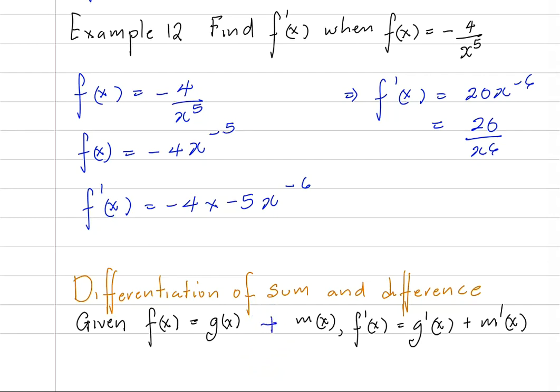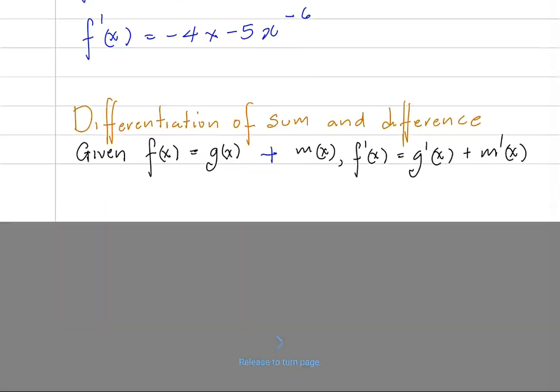So if we have a function f of x, which is equal to a function g of x plus some other function m of x, f prime of x is the derivative of g of x plus the derivative of m of x. All right. So let us show you what that means.